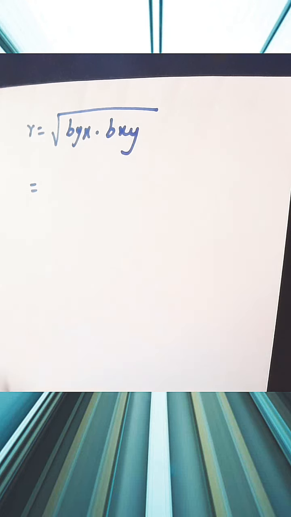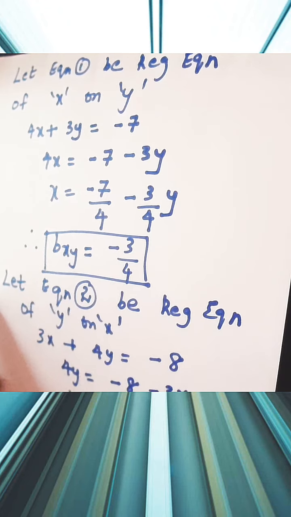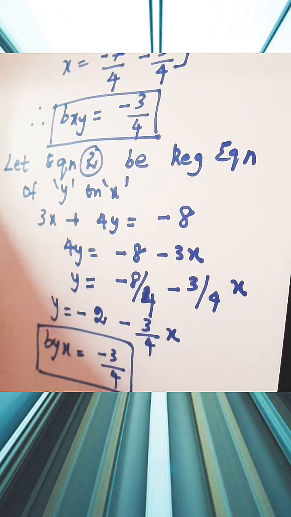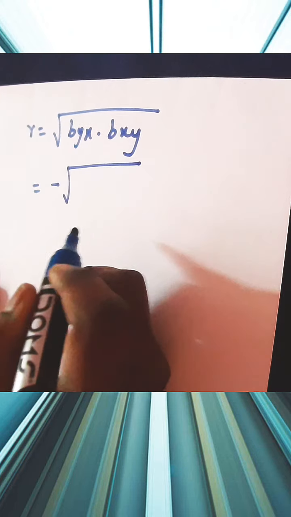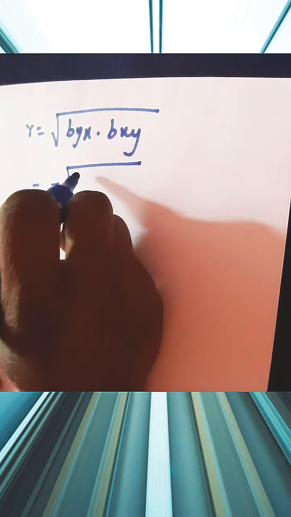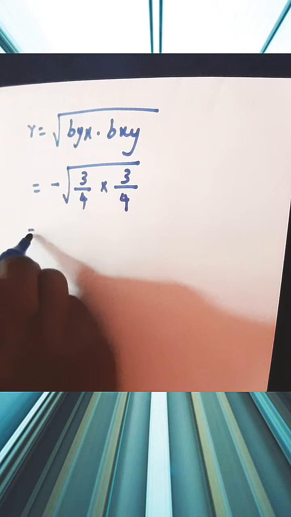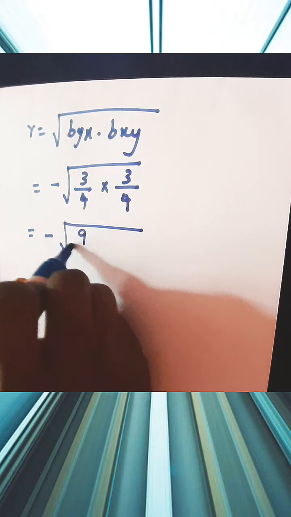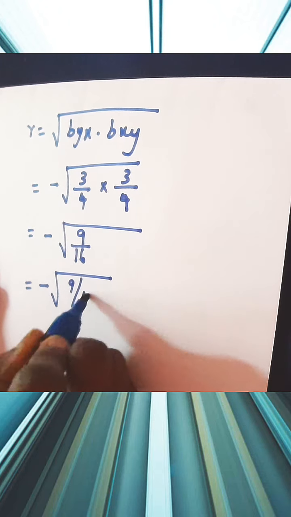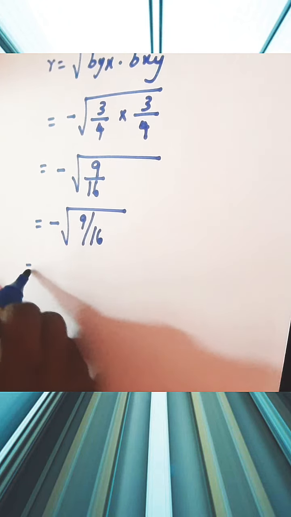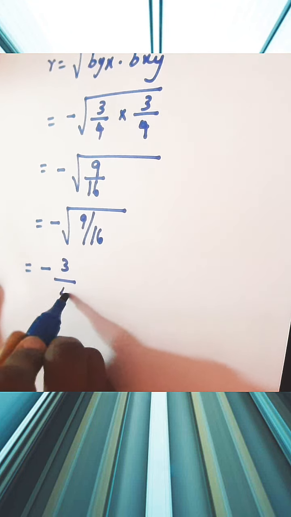Am I right, students? bxy is negative 3 by 4, byx is also negative 3 by 4. What I will do is keep the negative out. Square root of 3 by 4 into 3 by 4. Negative square root of, 3 3s are 9, 4 4s are 16, so square root of 9 by 16. The square root of 9 is 3, divided by the square root of 16, which is 4.